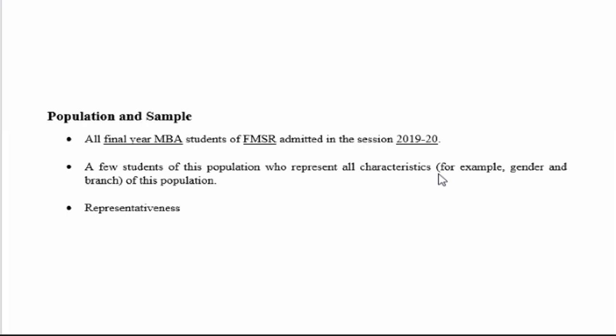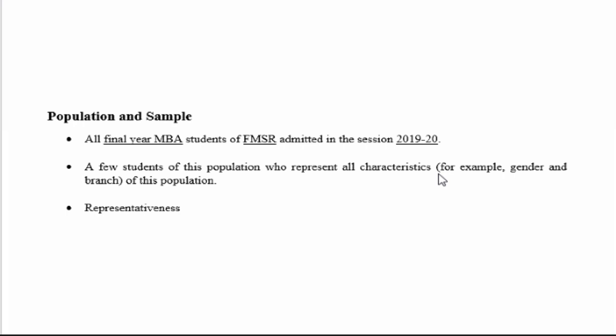Another way may be that instead of collecting data from all 240 students, we can select, for example, 20, 30, 50 students from all the four sessions for all the specializations, and we study their responses.